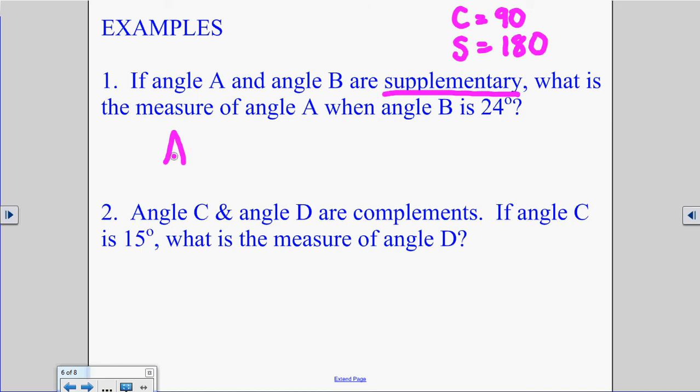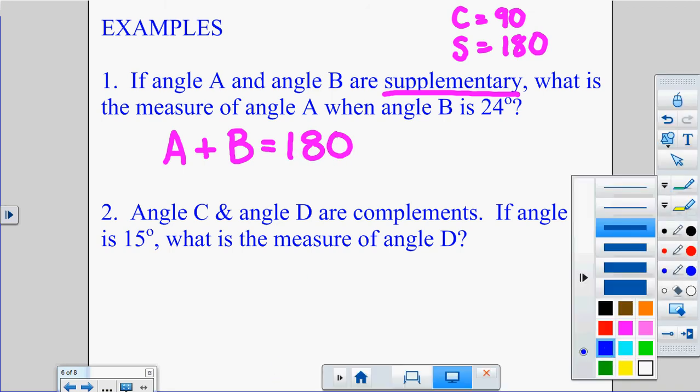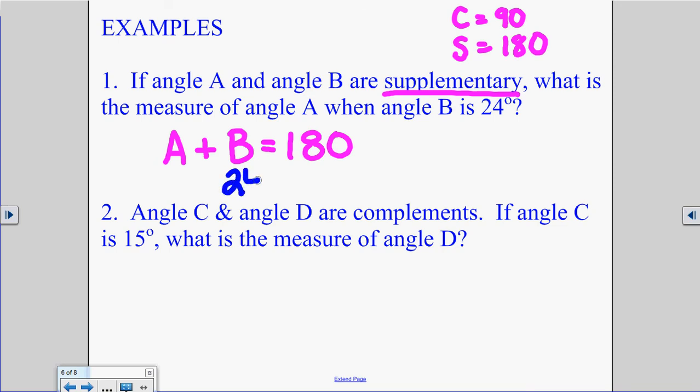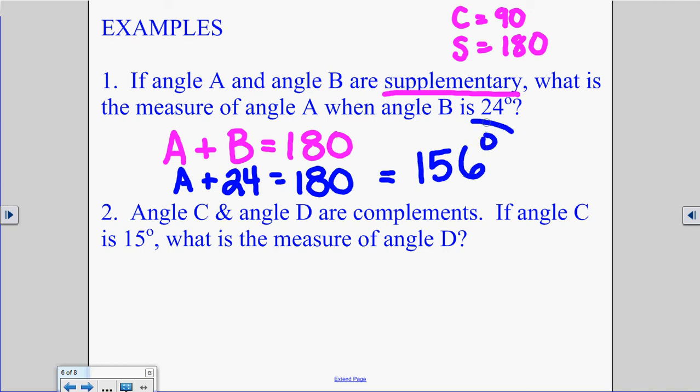So I want A plus B to be 180. Well, they told me B is 24. So I need to figure out what's A plus 24 to get 180. So I subtract that from 180, and I see that my answer is 156 degrees. And then if I added 24 to that, 4 plus 156 is 160, plus 20 is 180. So I know that that is correct.